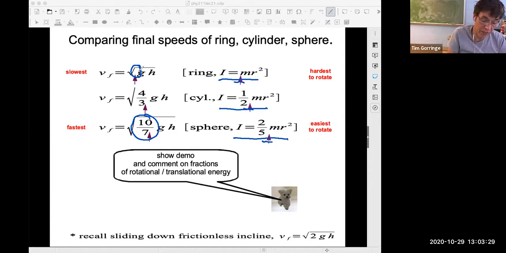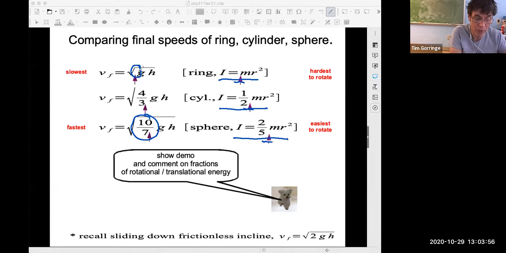The implication, right, is the sphere got there first by going the fastest. The ring got there last by going the slowest, which is exactly what we figured when we thought about this problem from the old sort of force-torque perspective. So we validated the old force-torque perspective on the sphere winning the race, but we've solved the problem in a new way.